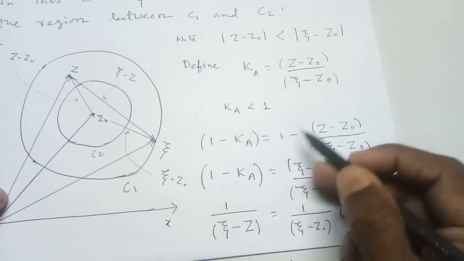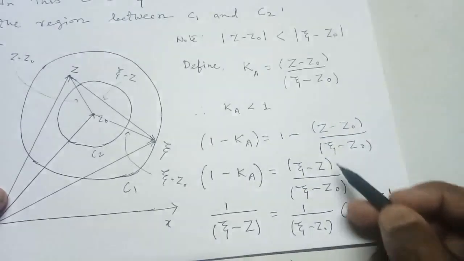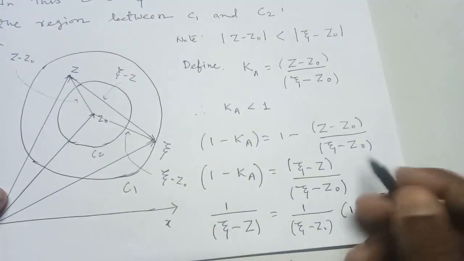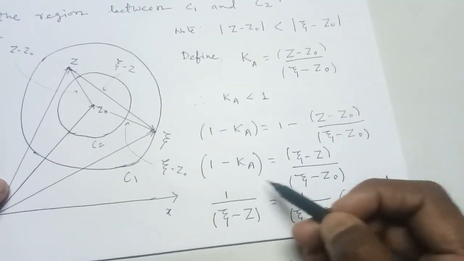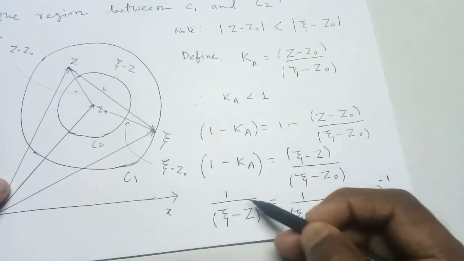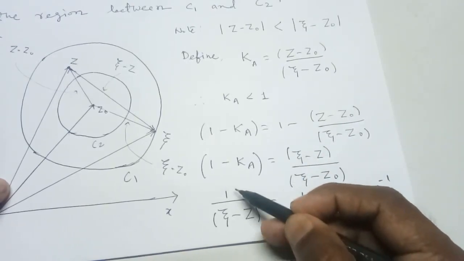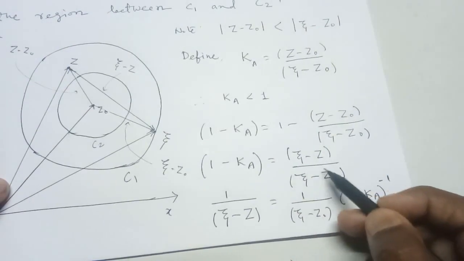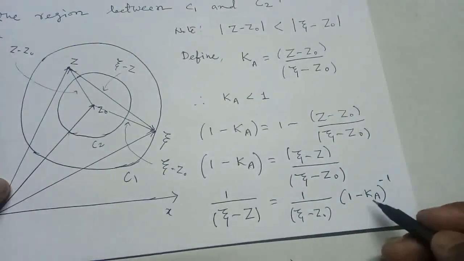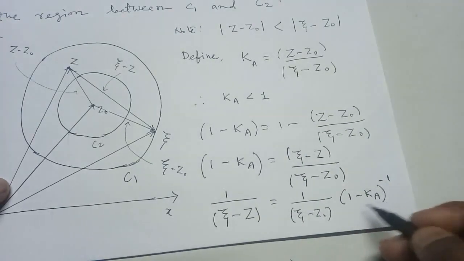When we calculate it, it will come out like xi minus z by xi minus z0. Now we just change the sides of the terms. I write it here on left hand side 1 by xi minus z, and this term is as it is here, and I take this term on the right hand side which is inverse of 1 minus Ka.